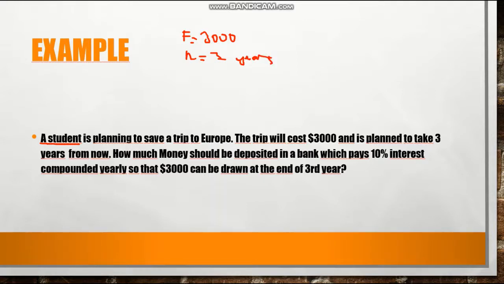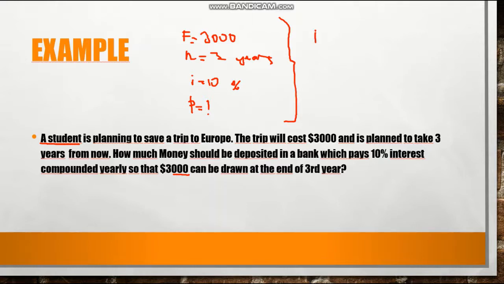How much money should be deposited in a bank which pays 10% interest? So I is 10%. It's asking for the present value, how much we need to put, in a bank which pays 10% interest compounded yearly, so that 3,000 can be drawn at the end of the third year. Okay, the question is given in this form.